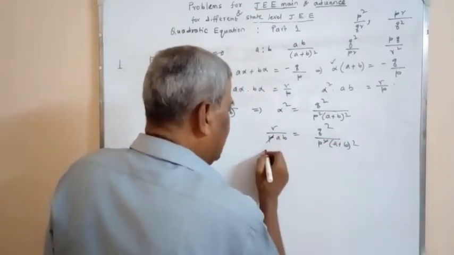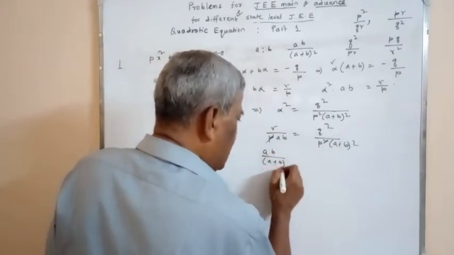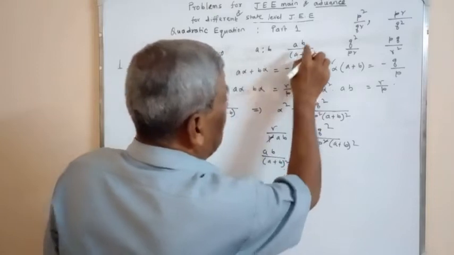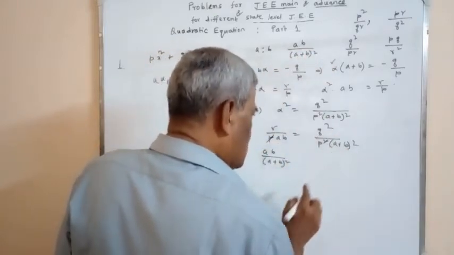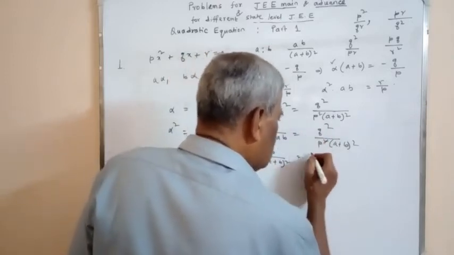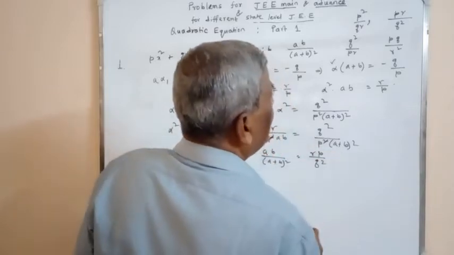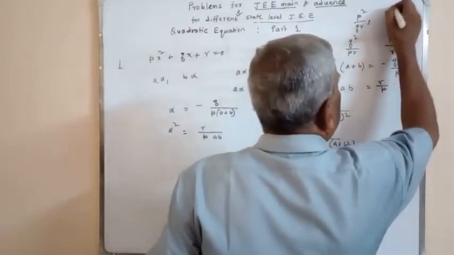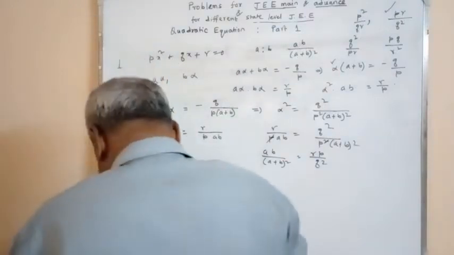So ab by (a plus b) whole square, which is what you want, is equal to r into p by q square. So the second option is correct, that is, option b is correct here.